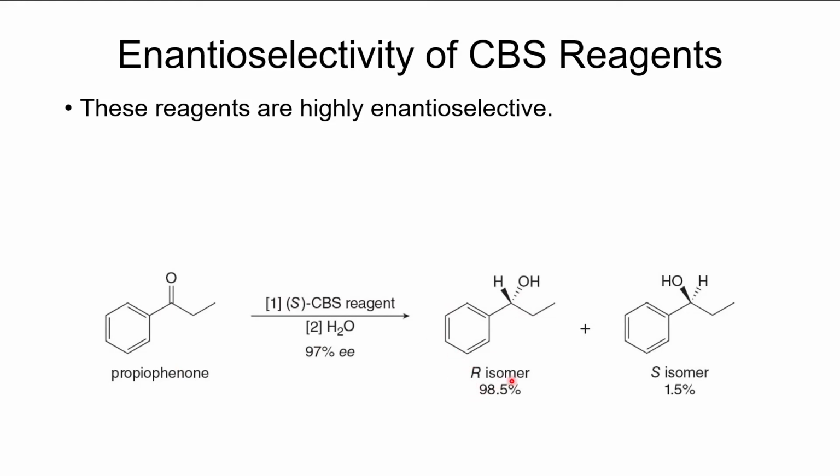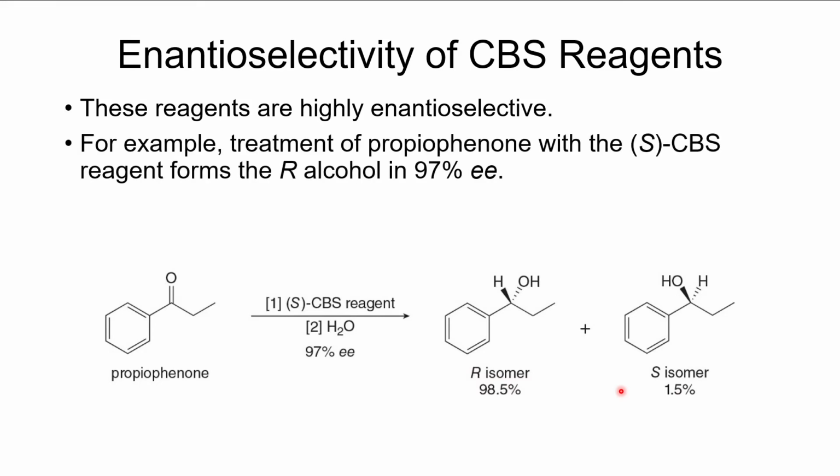You'll notice that when we do this, we get 98.5% of this, 1.5% this. That is an enantiomeric excess of 97%. That is a huge enantiomeric excess. So it's very selective for getting this particular reagent. Now, if it just so happens that you need to get rid of this, like if you can't have any of this present, there are some separation techniques that you can use to separate enantiomers.